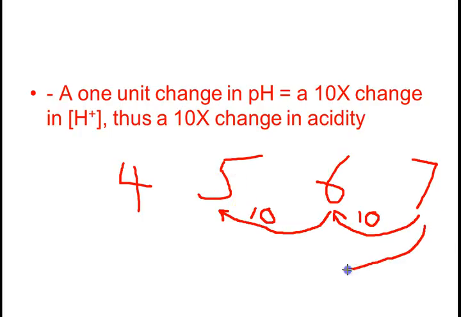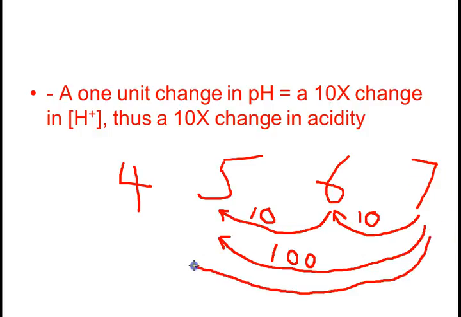Now, a 2-unit change, notice we are multiplying. We are not adding. So, that is a factor of 100. The solution that is pH 5 is 100 times more acidic than the solution that's pH 7. Okie dokie. What if we have a 3-unit change in pH?